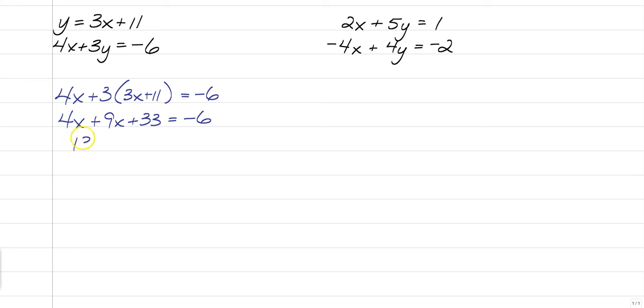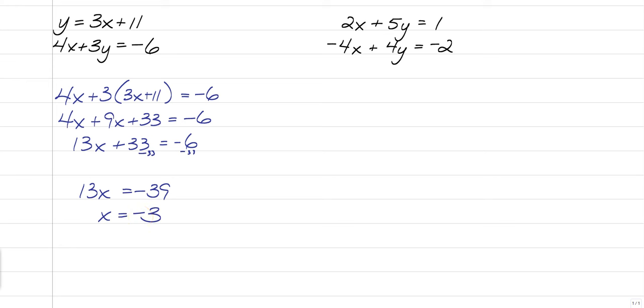Combine my like terms. I have 13x plus 33 is equal to a negative 6. Subtract 33 from both sides, and we're going to have 13x is equal to a negative 39. Divide both sides by 13, and x is equal to a negative 3.